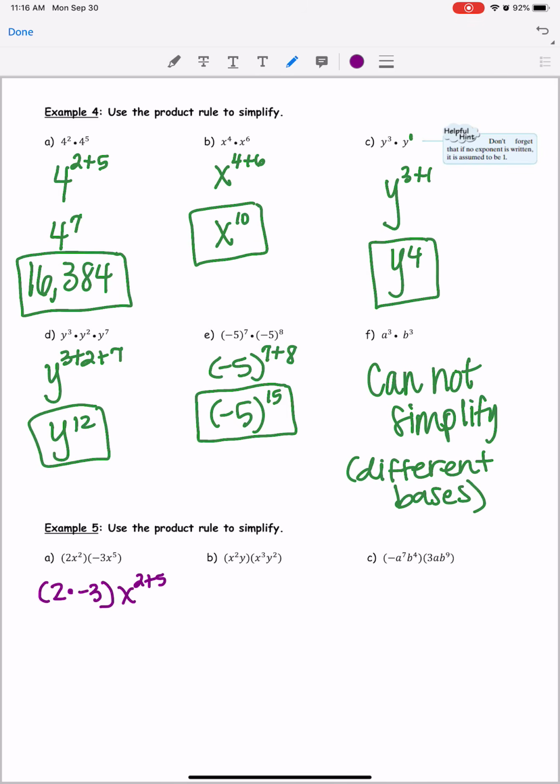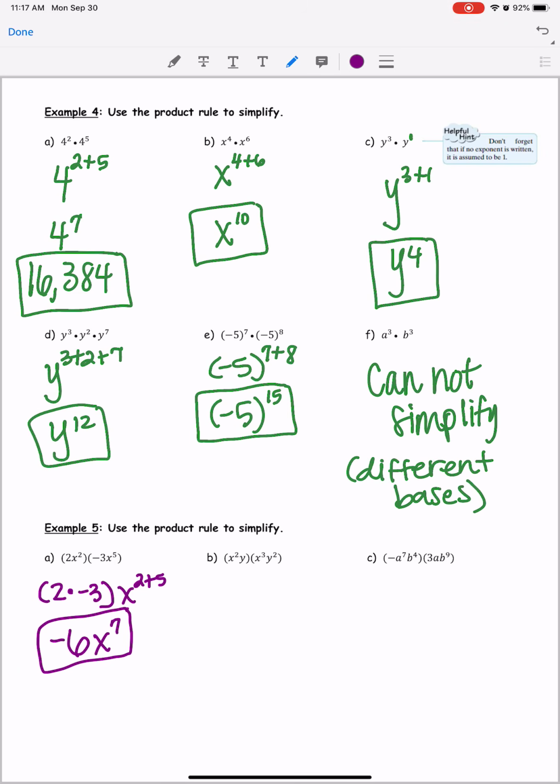So 2 times negative 3 is negative 6, and then 2 plus 5 is 7. Okay, so notice that when you have numbers like normal, multiply those the way you always would. 2 times negative 3 is negative 6, but then add your exponents how we did from the top.